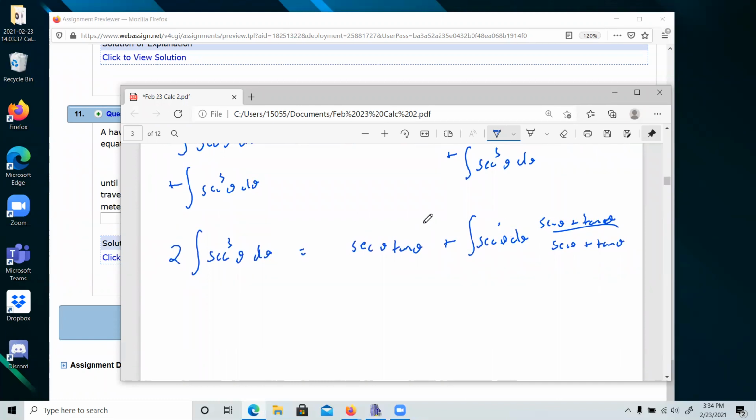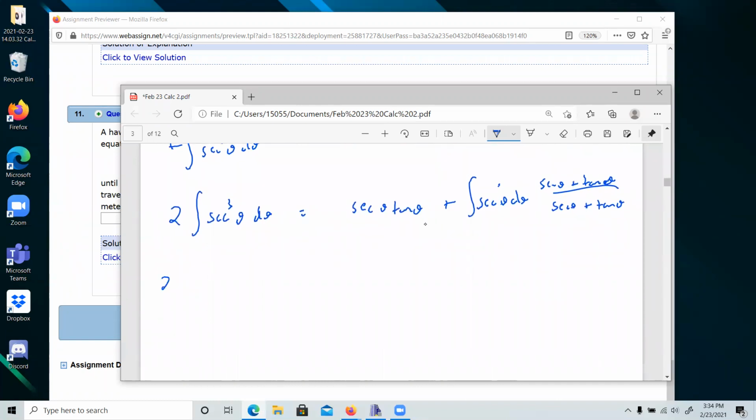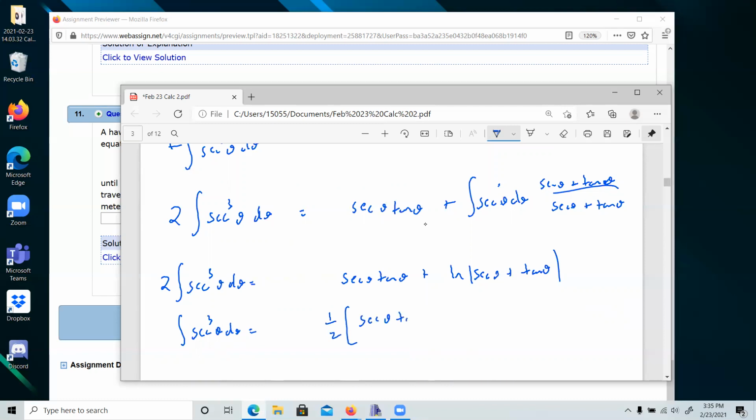But this is going to be 2 times the integral of secant cubed theta d theta, that's equal to secant theta tangent theta plus the natural log of secant theta plus tangent theta. So the integral of secant cubed theta is equal to 1/2 of secant theta tangent theta plus natural log of secant theta plus tangent theta.